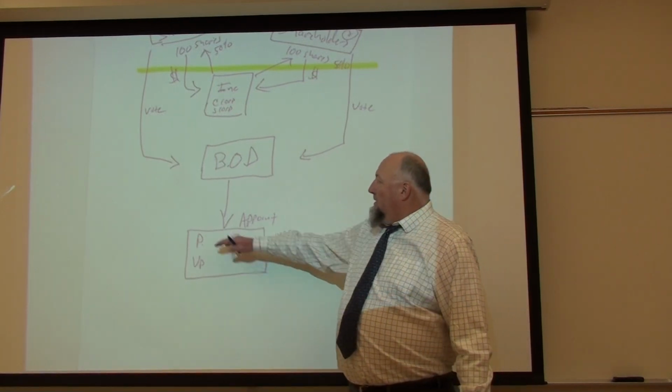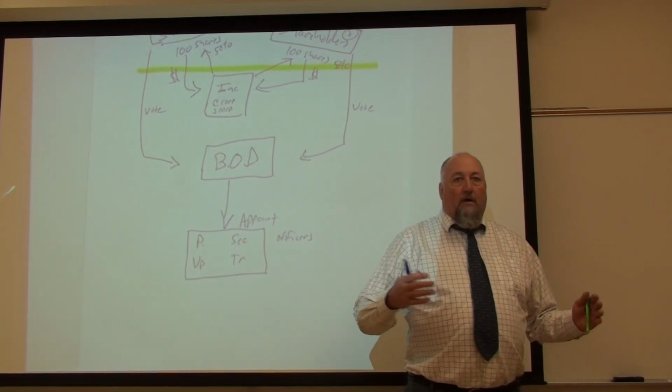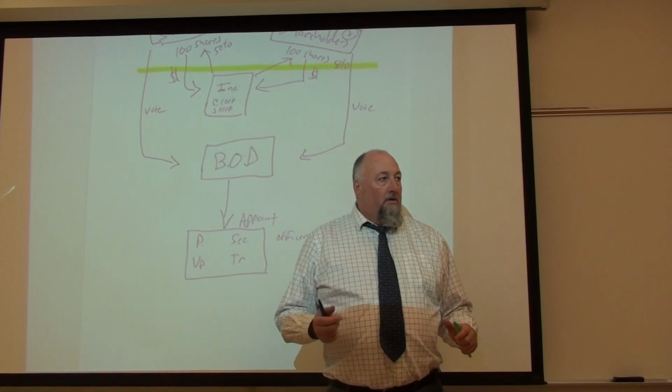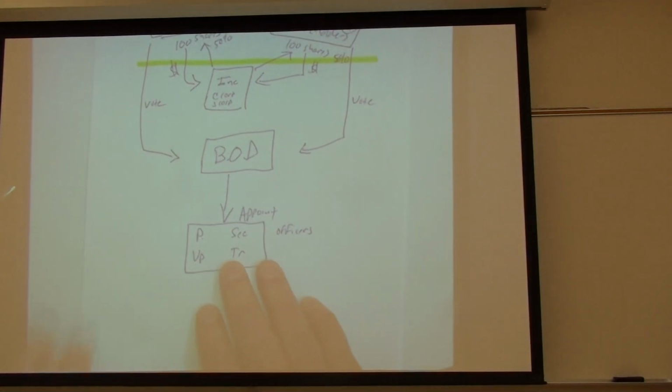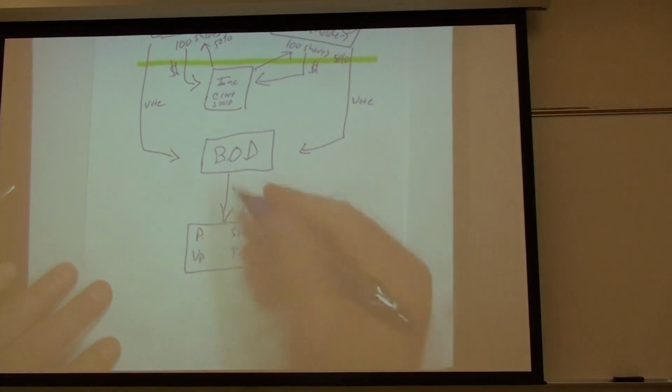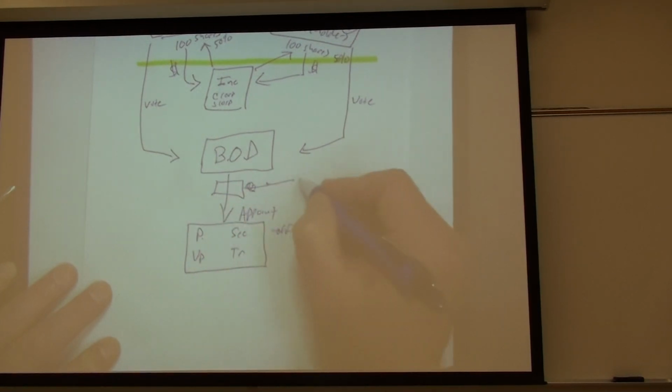Now, you may want to have other type of officers. So for example, maybe you want to have the day-to-day officers be the president, vice president, secretary, treasurer, but you might want to have in between here a CEO, a CFO, a COO.